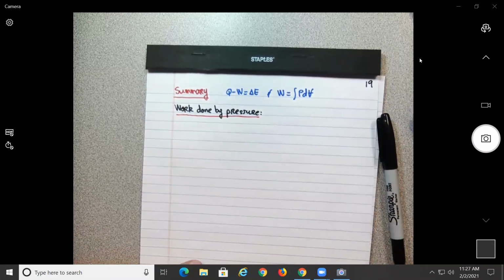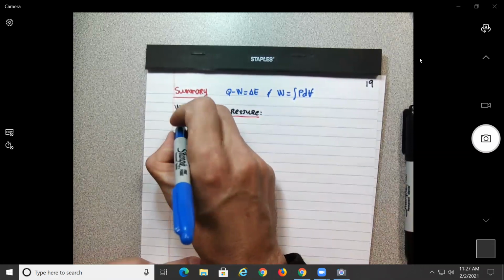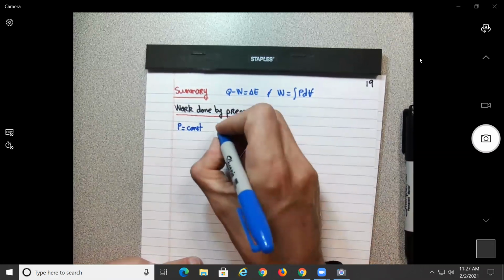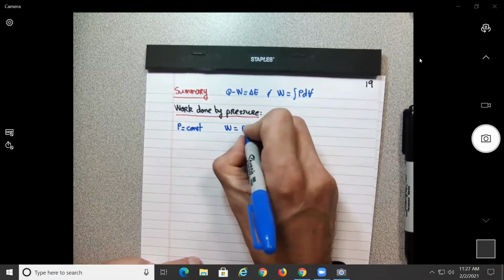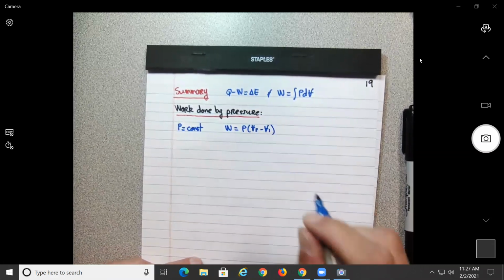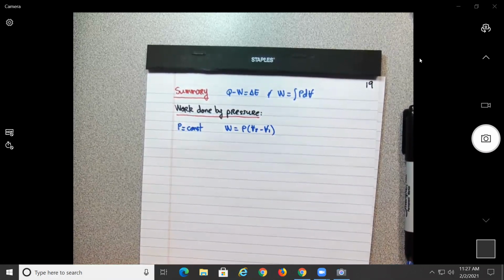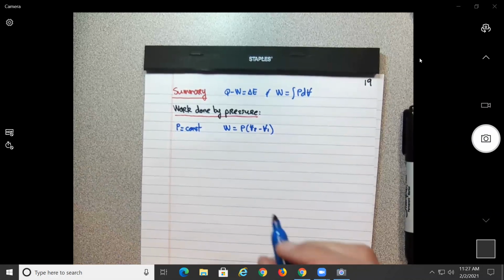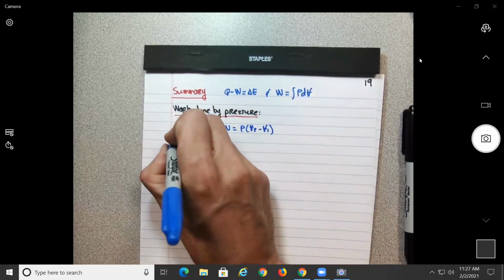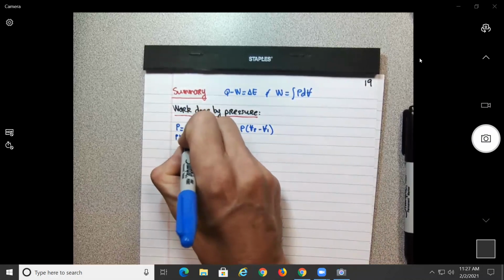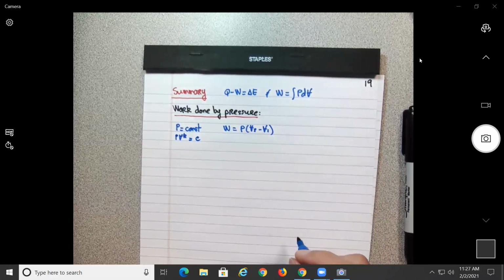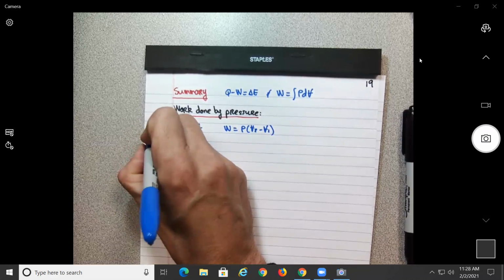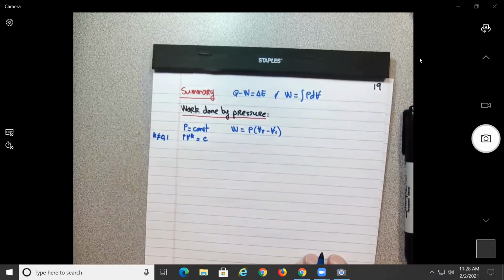So the first one was when P is constant. We said that the work was equal to P times V2 minus V1. Okay, I'm going to go back to the previous page to add one little thing. The other case we did was for polytropic when PV to the K equal constant, when K is different than 0 and 1.